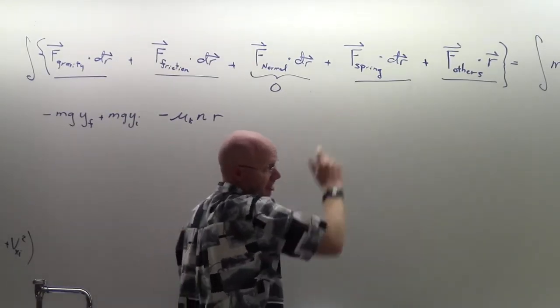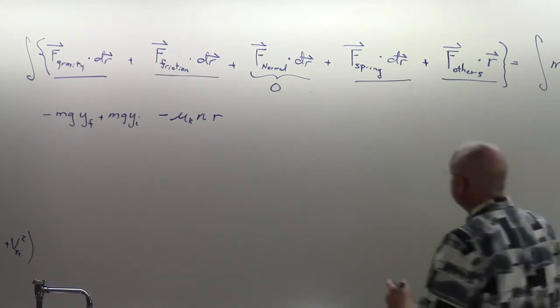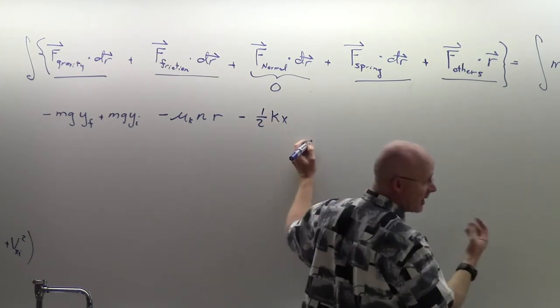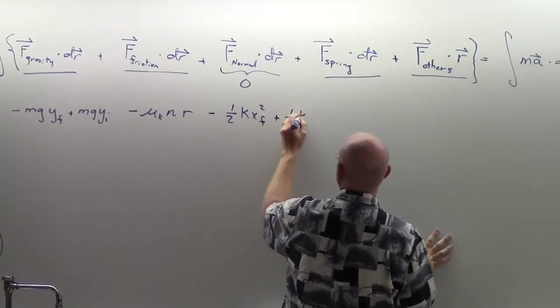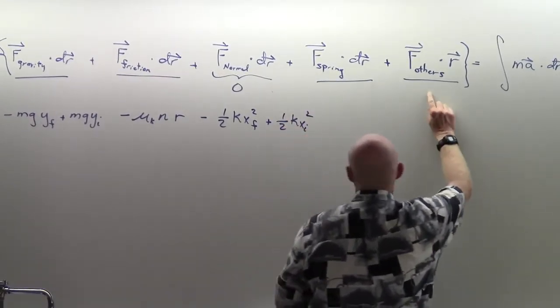The spring integral is what we did here, so let me write that one. That's minus 1/2 kx final squared plus 1/2 kx initial squared. Others.